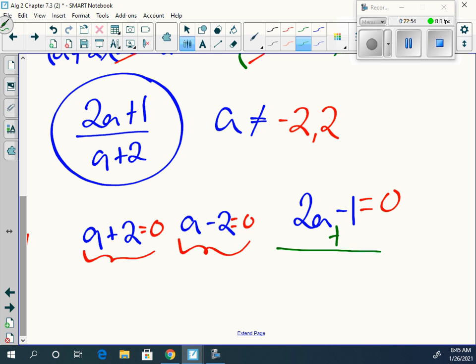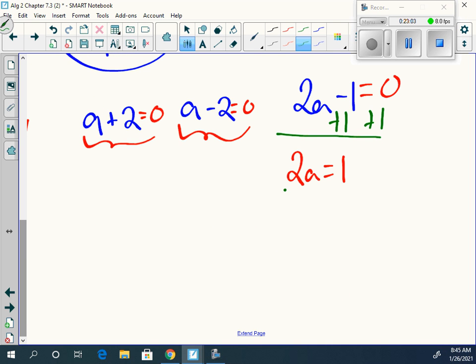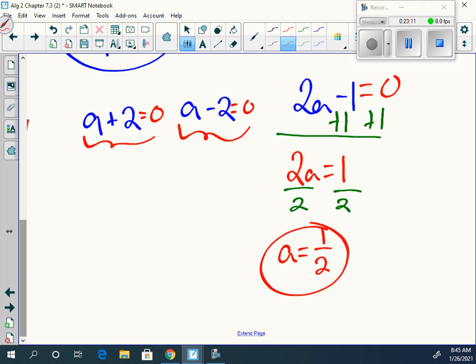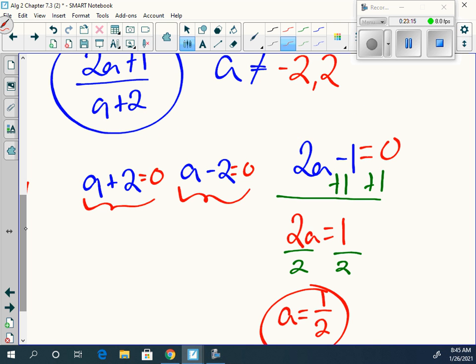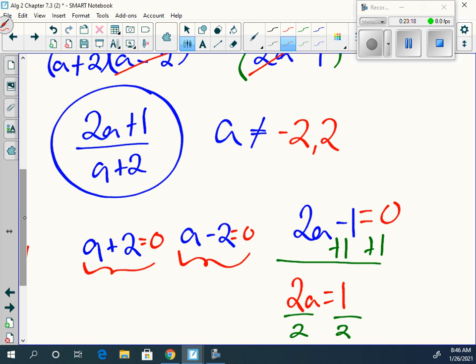So I would add 1 to both sides, yes? Divide it by 2. So 1/2. So the last value that A cannot be is 1/2.